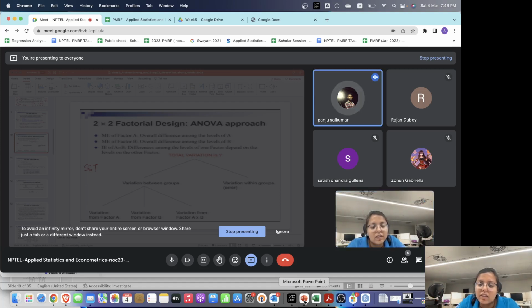So what could be an example for two-way ANOVA? Like I said, if wrapping paper color is one factor, then the sales could also depend on how heavy the parcel is.